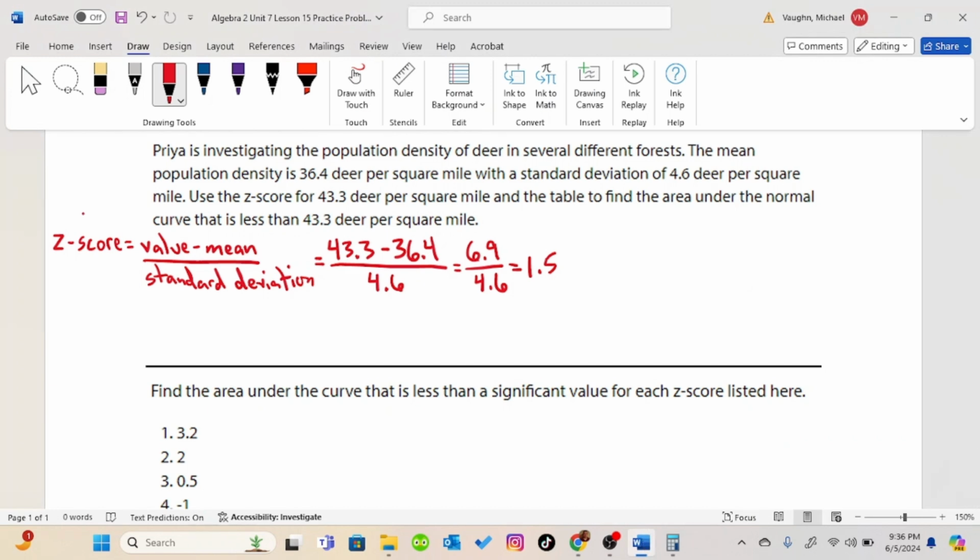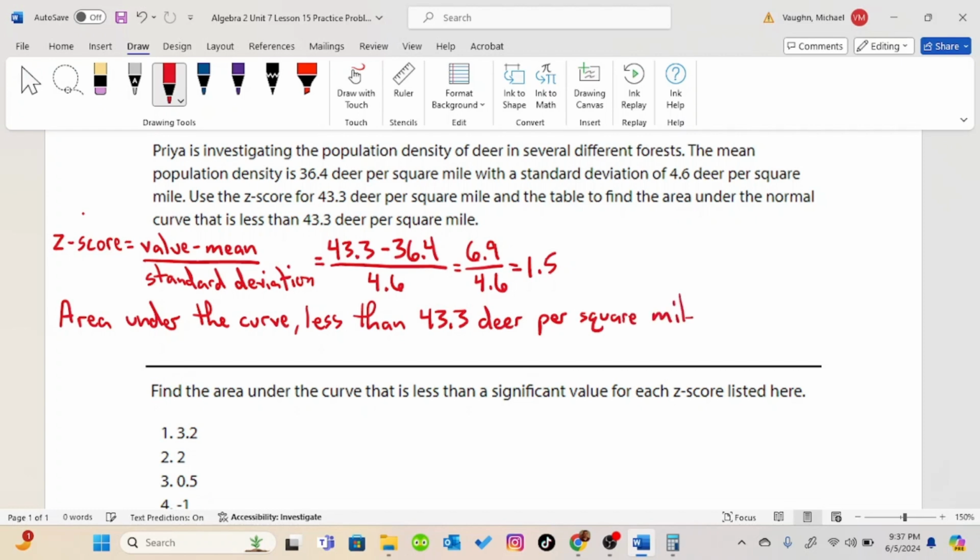So the area under the curve less than 43.3 deer per square mile is 0.9332, or 93.32%.